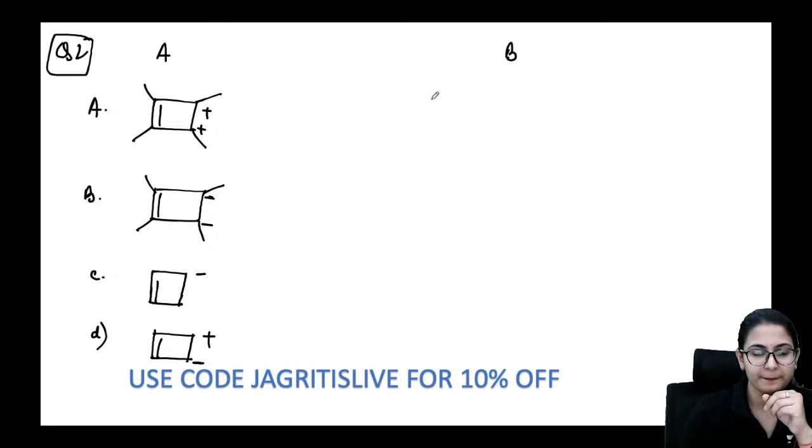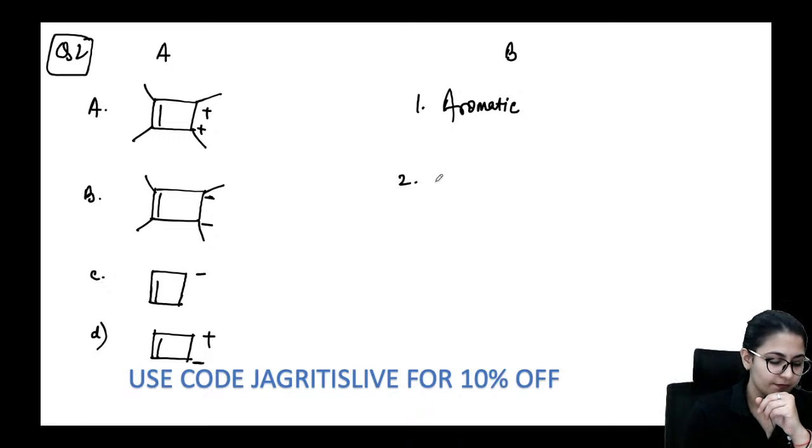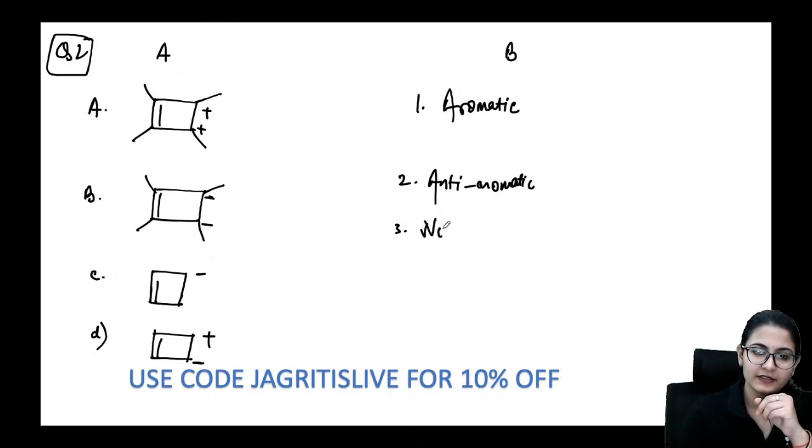Option number A, the option number 1 is aromatic. Option number 2 is anti-aromatic. Option number 3 is non-aromatic. 4n plus 2 pi electrons.